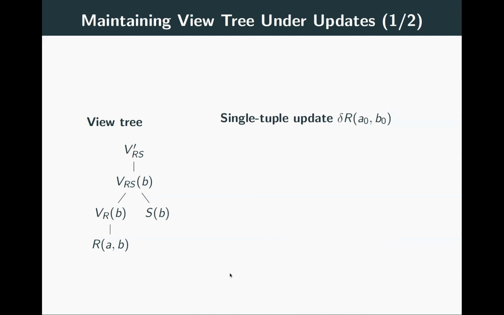So let's actually consider updates. Initially we want to update R. Let's say this is our update for a specific tuple A0, B0. We start at the leaf. We always propagate this update bottom up. We start at the leaf representing a factor and we propagate it all the way up. So we are here. Then what this view says is basically discard A0, just keep B0.